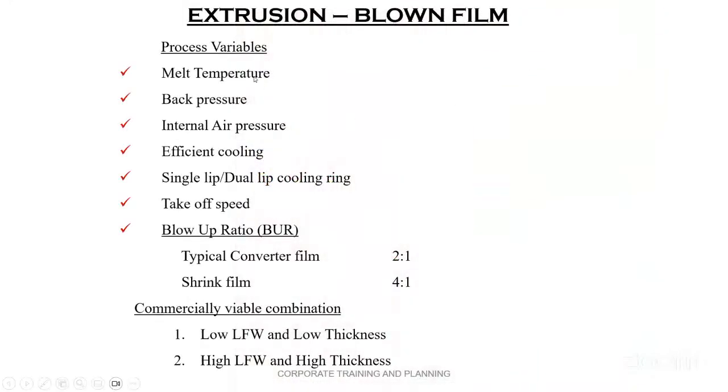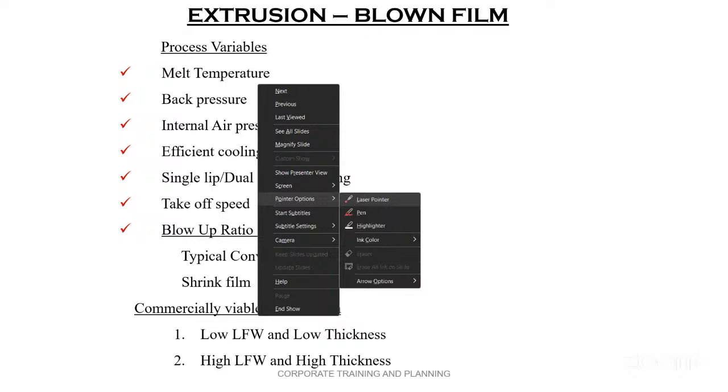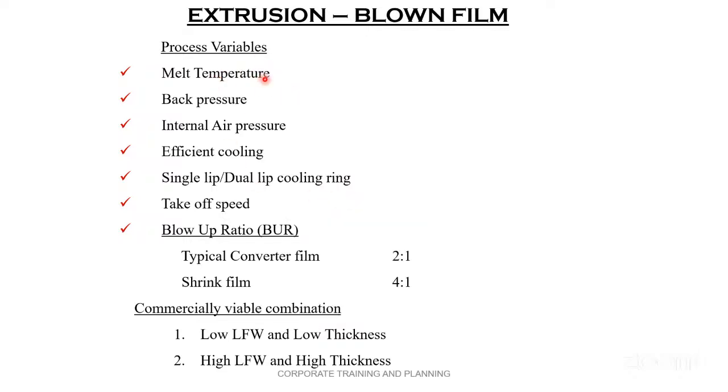Now, extrusion blown film process variables: melt temperature. Melt temperature plays a very important role, friend. You have to use the melt temperature above the melting point in all sections. Back pressure is very important here, friend. I told you back pressure is essential.